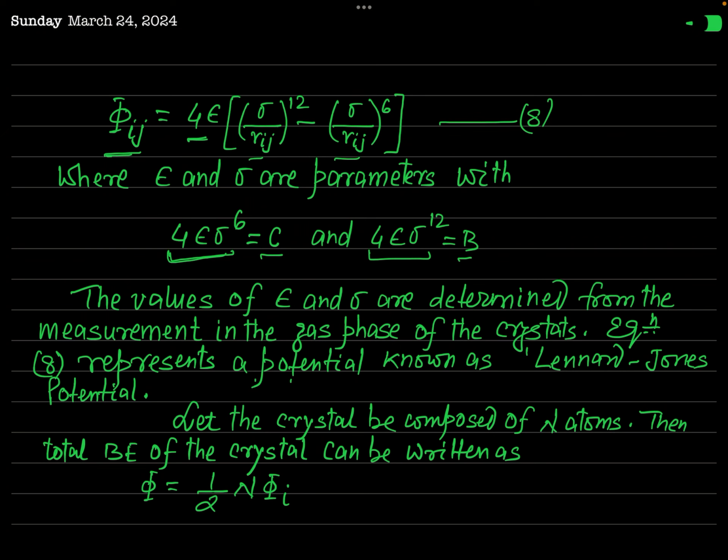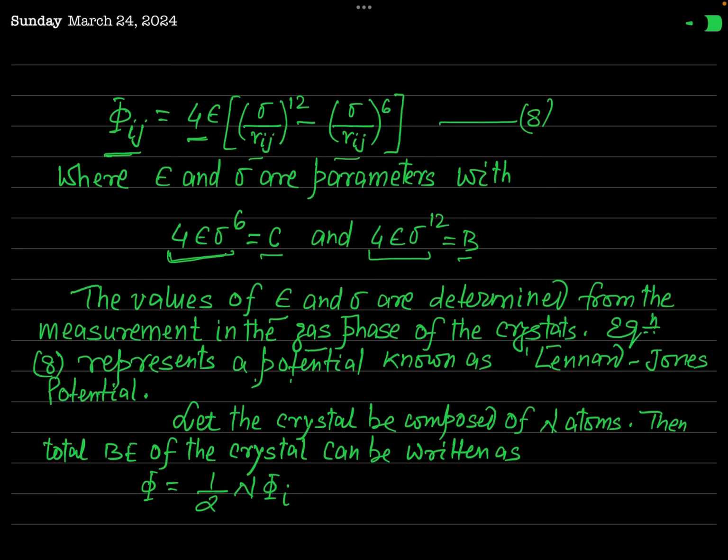Okay, actually the values of these parameters epsilon and sigma are determined from measurements in the gas phase of our crystals. You can also say that these constants are evaluated empirically.